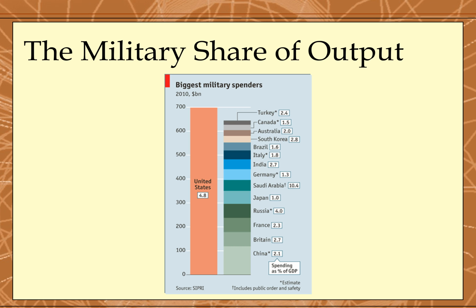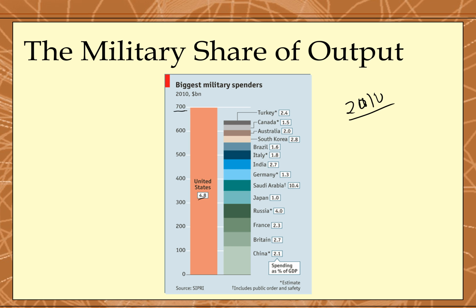Another way of looking at opportunity cost, again, so this is 2010 military spending. And the United States in 2010, during the height of the response to 9/11 and the two wars we were fighting in Iraq and Afghanistan, 4.8% of our economy was dedicated to military spending, and we spent a total of $700 billion.